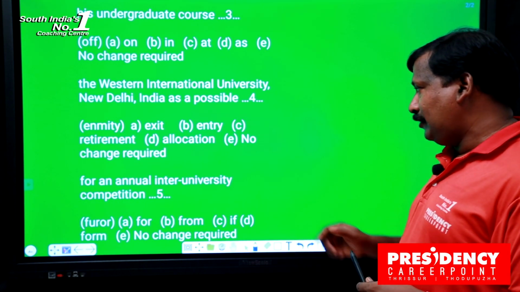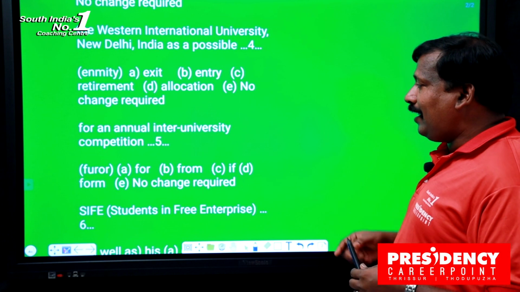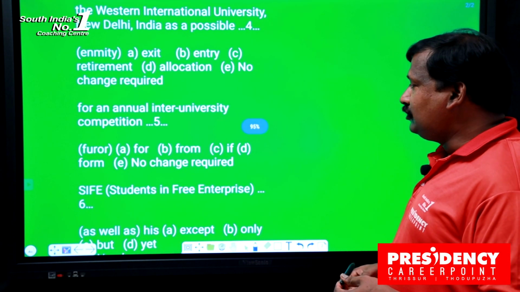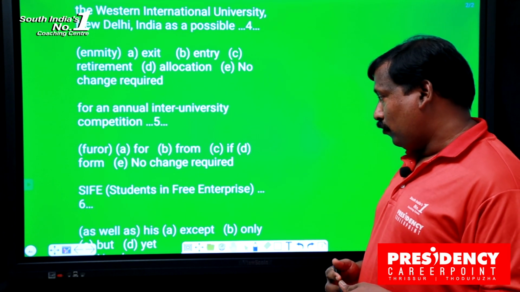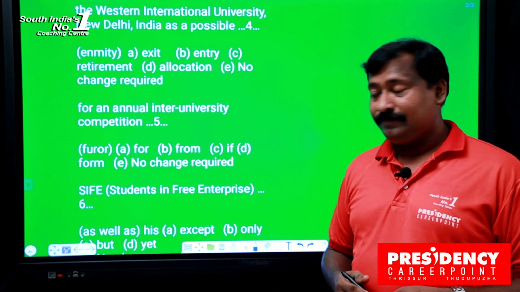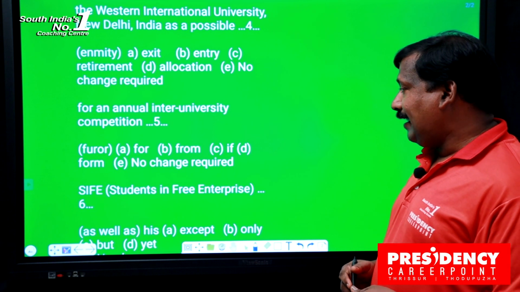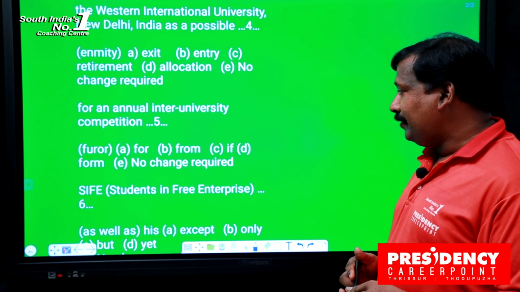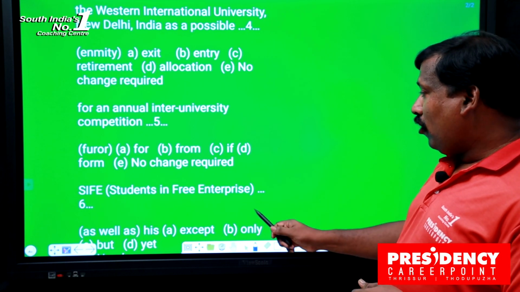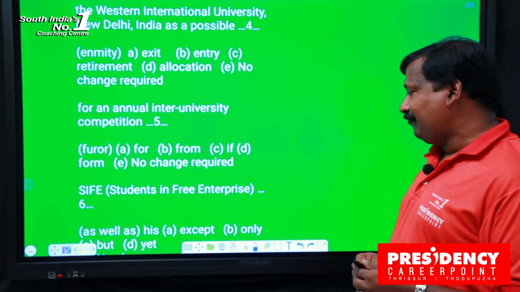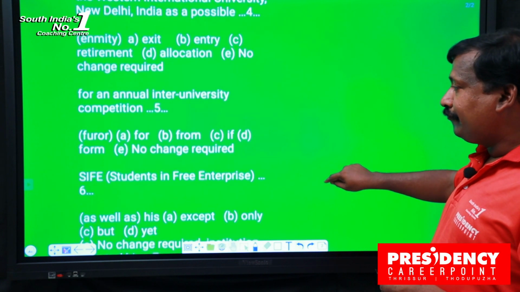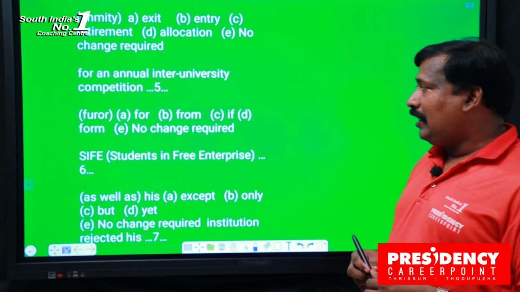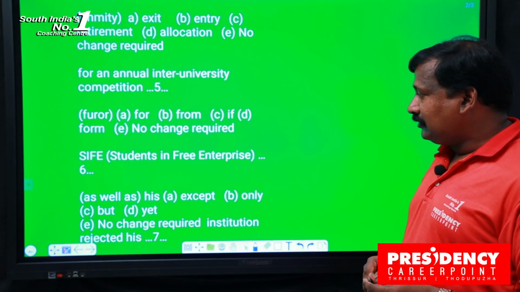Option B, as a possible entry for an annual inter-university competition. Now the options are furor, for, from, if, and from. So the right answer is for an annual inter-university competition. For SIFE, SIFE means students in free enterprise, which is given in brackets. For is the right answer, that is option A.